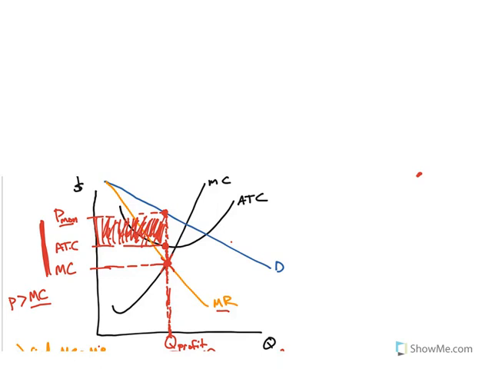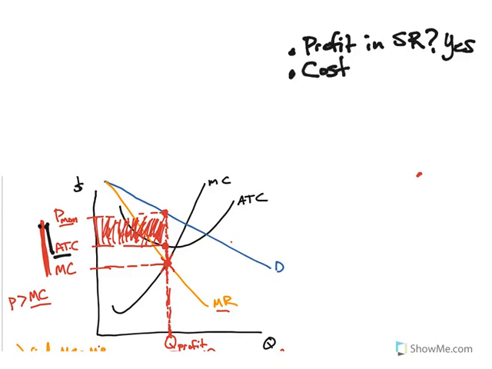Right, so let's see. Are they producing a profit? So let's say this is the short run. Are they producing a profit in the short run? Well, price is greater than average total cost, right? So yes, they do produce a profit in the short run. Are they cost efficient?